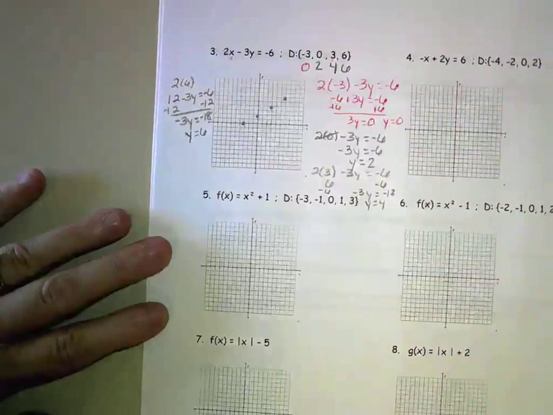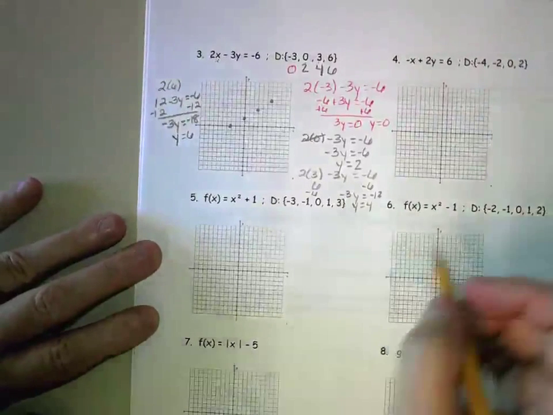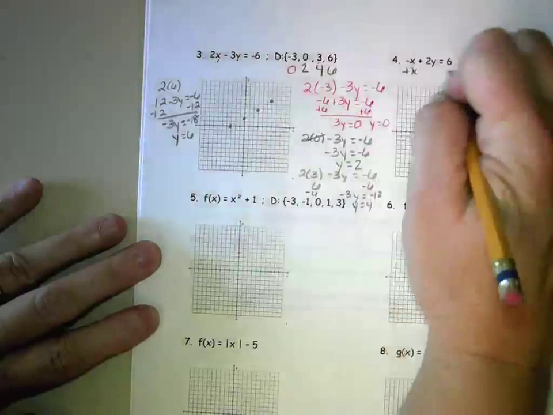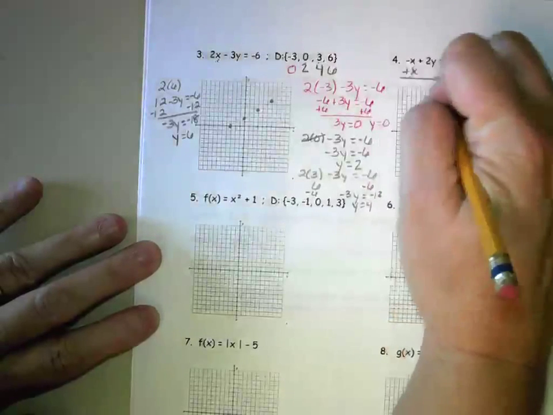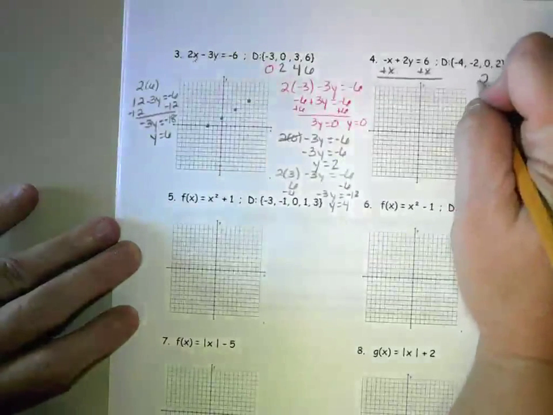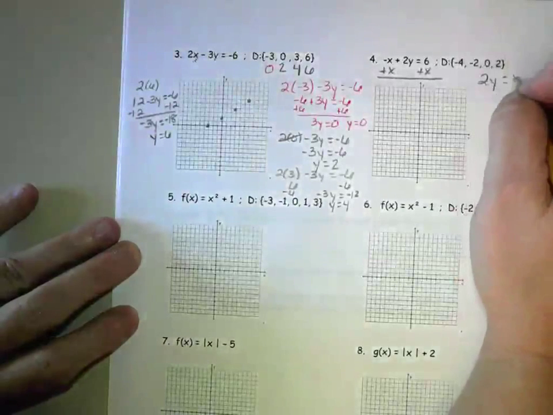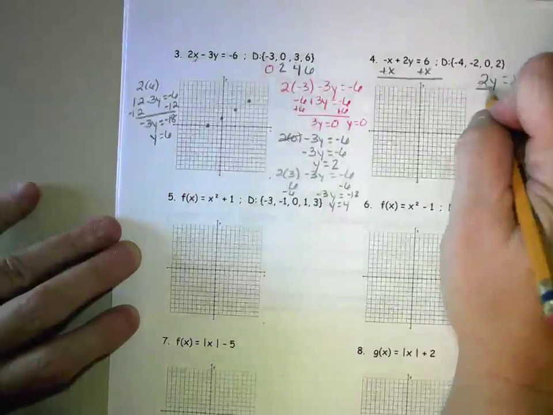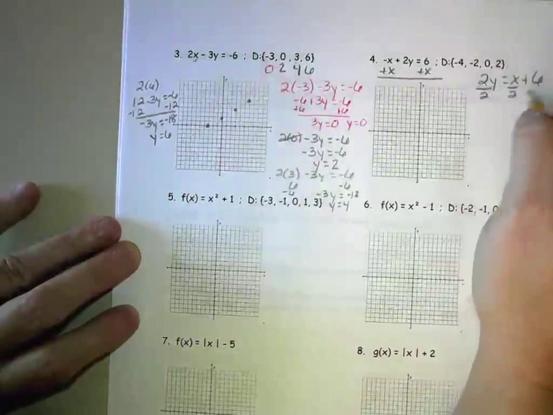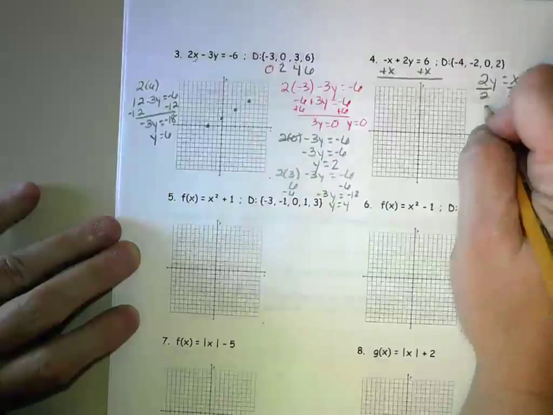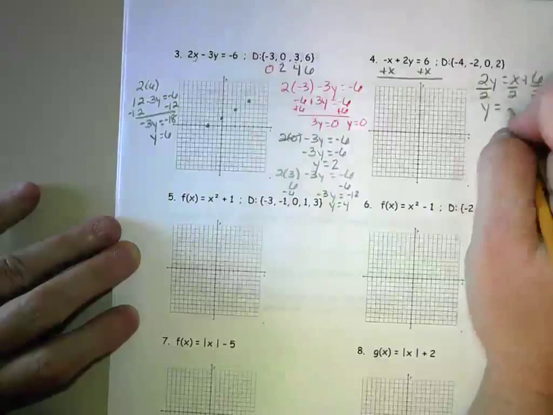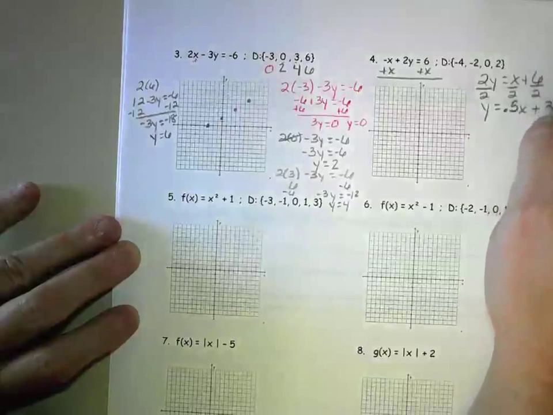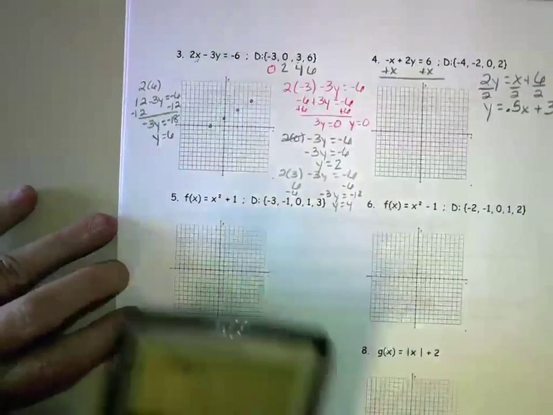Letter D. I'm going to manipulate this equation first. I'm going to add x to both sides, and then you have 2y equals x plus 6. And then I'm going to divide everything by 2. And that becomes y equals 1/2 x plus 3.